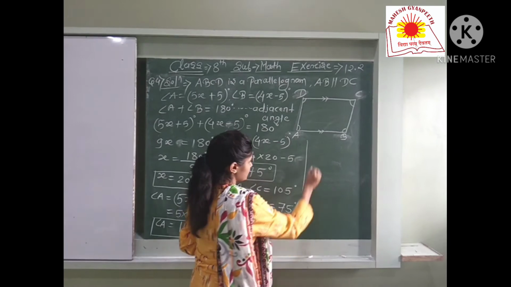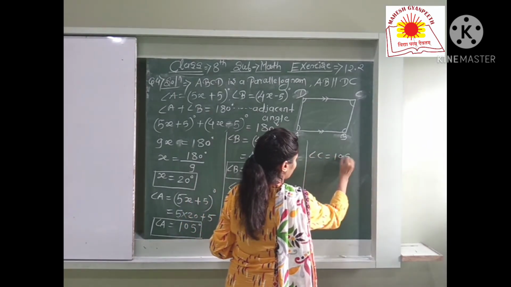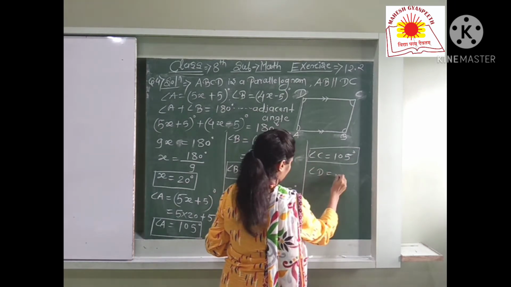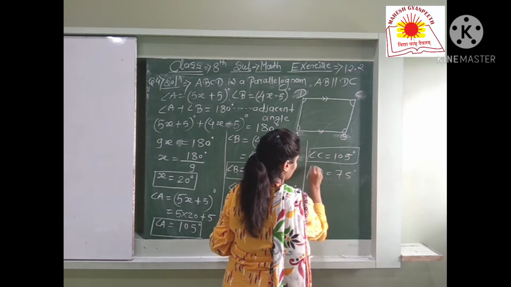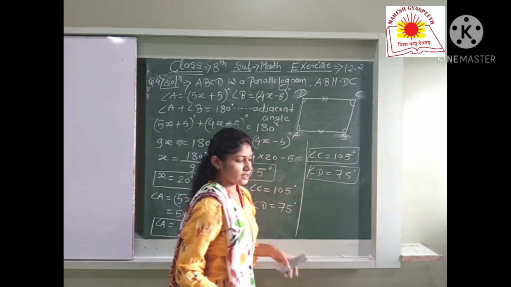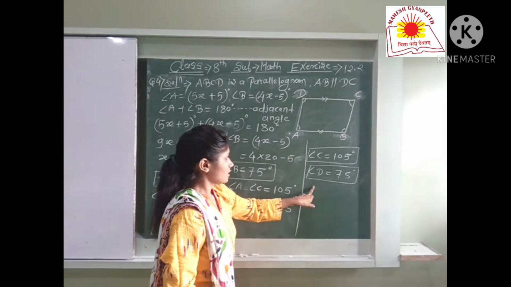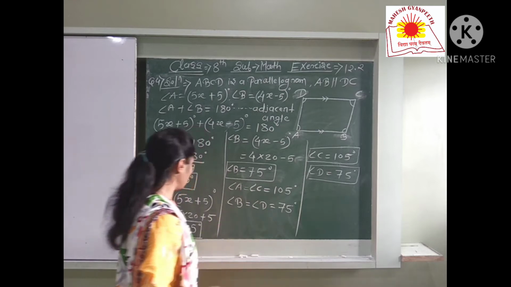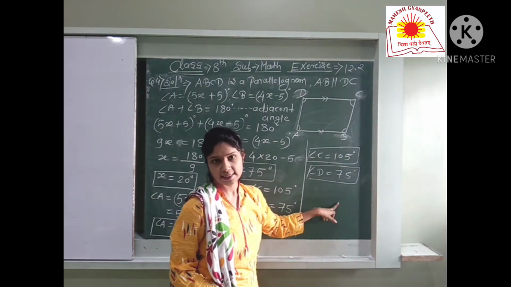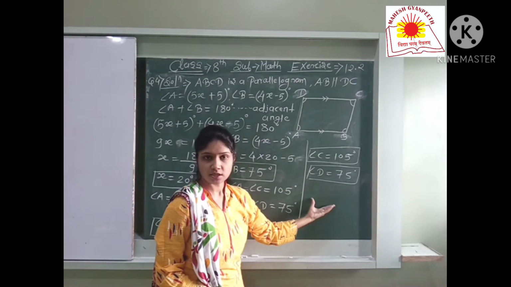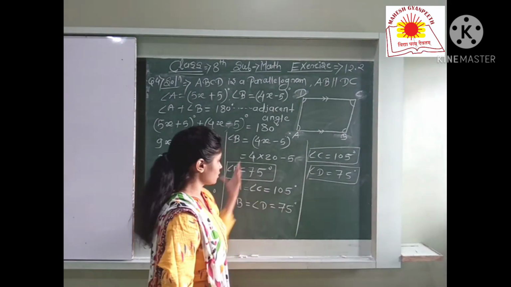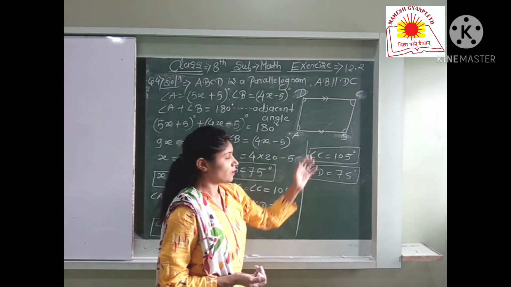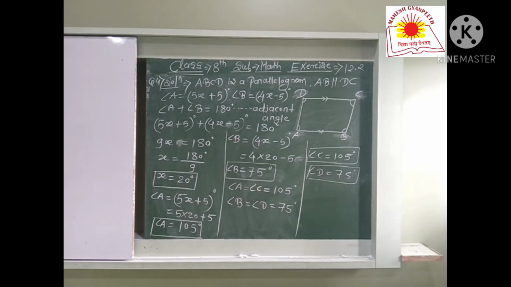So angle C is equal to 105 and angle D is equal to 75. Hence, the measures of the angles of the parallelogram are 105, 75, 105 and 75. This is the answer. You have to mention 'hence' here. This is how we find the value of x first, and then the interior angles of a parallelogram.